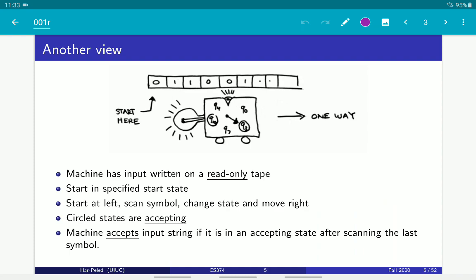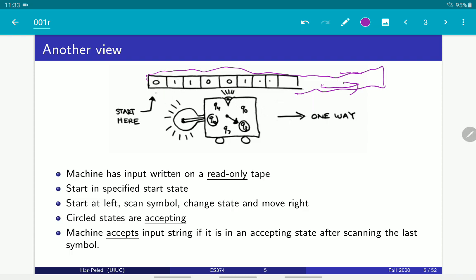Okay, so here's the way to think about DFAs. The input comes on a tape. Tape nowadays is a weird way to think about things, but in the past that was a natural way to think about it. So we have a tape, and the input is written on the tape. The tape has cells, every cell contains a single character, and we start reading them.